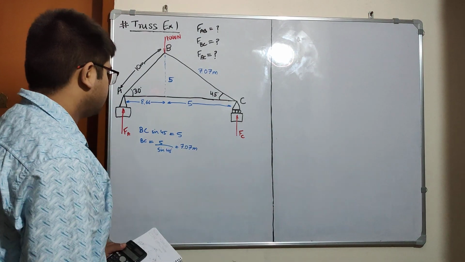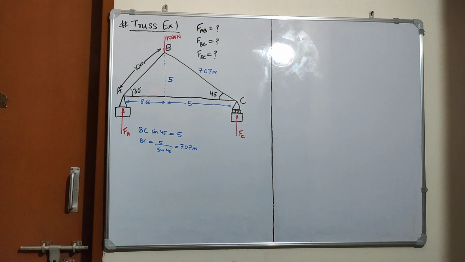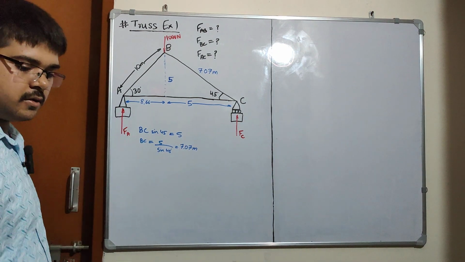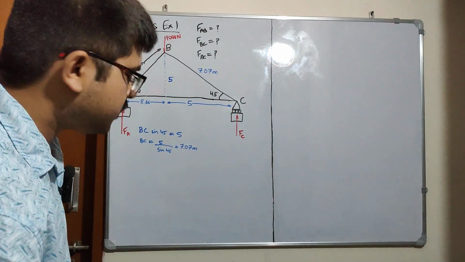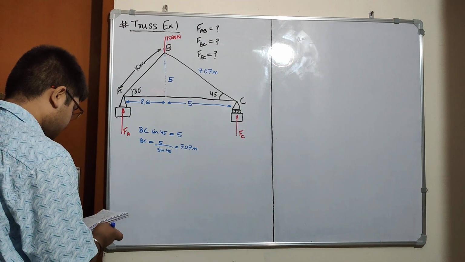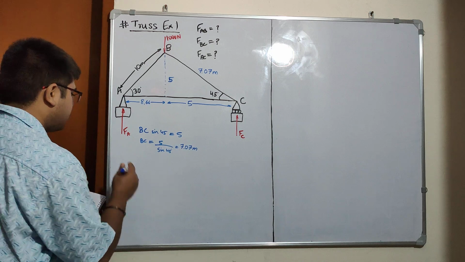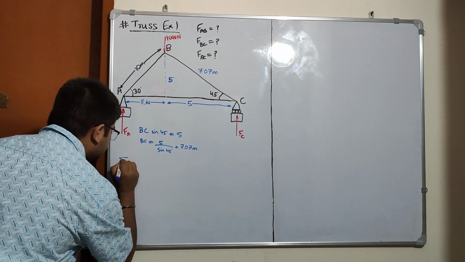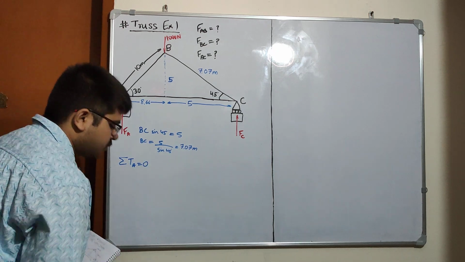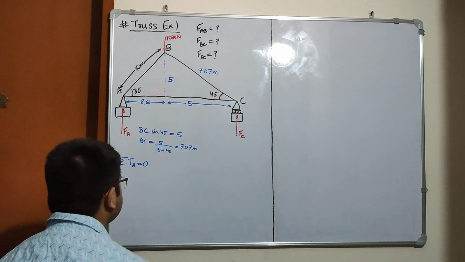So summation of torque about A equals 0.